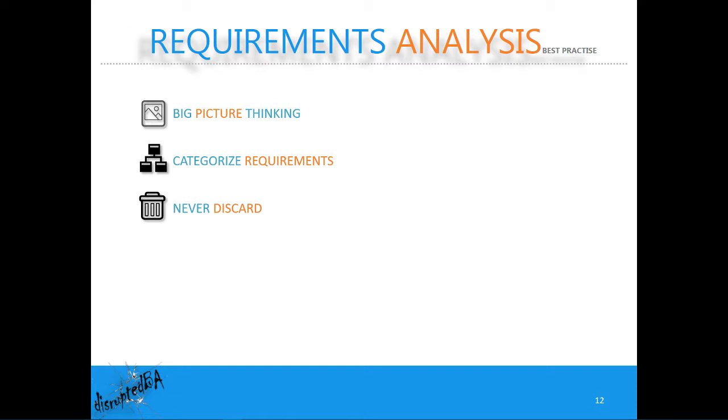You can put it at the bottom of a backlog. You can have a different backlog if you wanted to. That would be up to you. But the point is, never discard anything that you feel is irrelevant to the scope of the project.